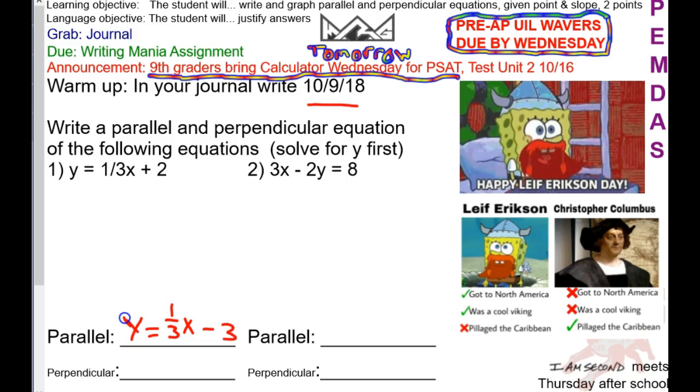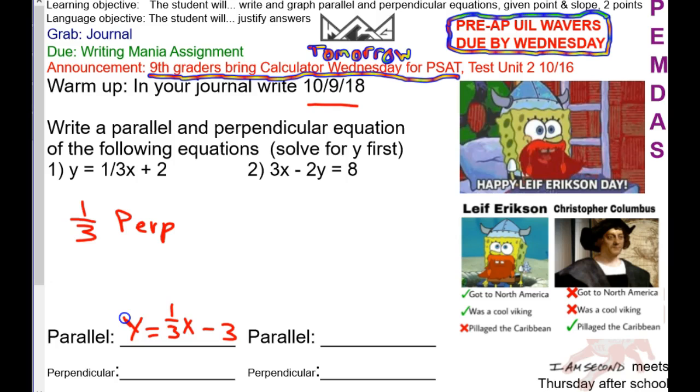But, right here, perpendicular. So my slope for the original equation, and if you haven't been here, you want to follow along so you know what we're doing. So, 1 over 3 is this slope, right? Perpendicular, we are going to change it in two ways. So, the 1 over 3 is positive, right? So we have to change the sign to negative and flip the fraction.